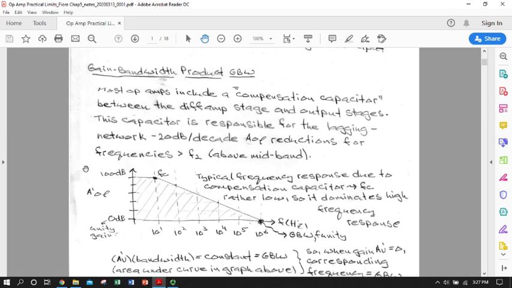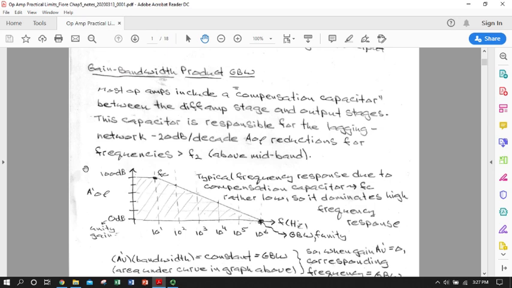You'll always reach a point where you'll start to lose gain as you go beyond the midband and you'll lose it at that 20 decibel per decade, and that's due to our lagging network, the presence of a series capacitor and resistor network.